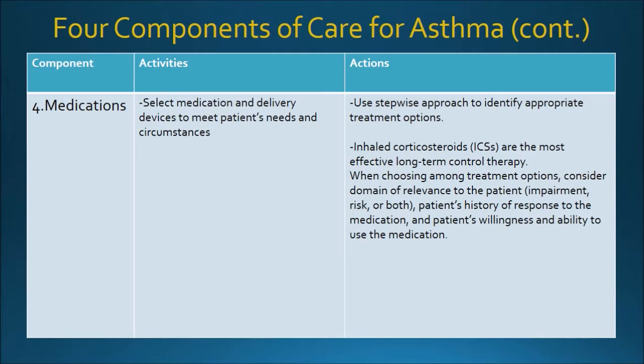When choosing among the treatment options, we need to consider the domain of relevance to the patient, impairment and risk, or both, the patient's history of response to the medication, and the patient's willingness and ability to use the medication. So we need to make sure the patient can actually understand how to use it and that they can do it at home whenever they're alone, so they understand how to take the medication.